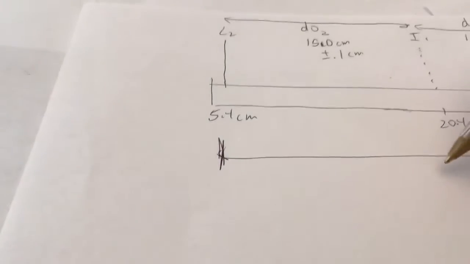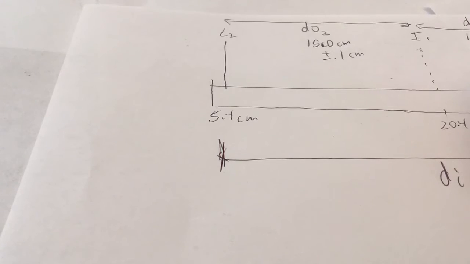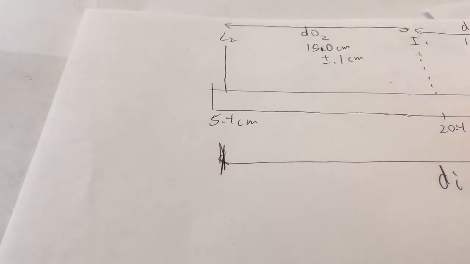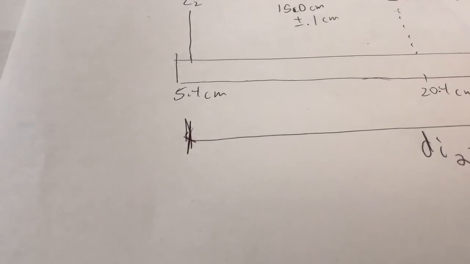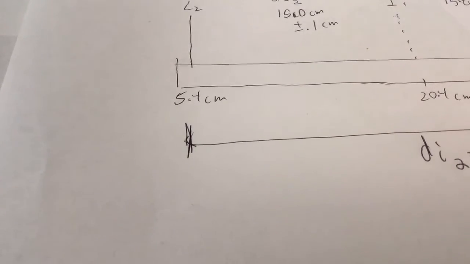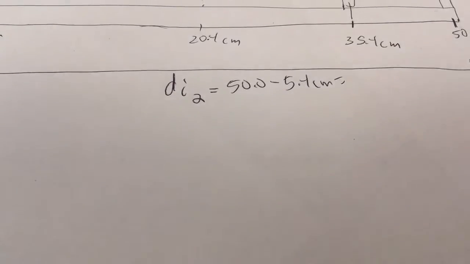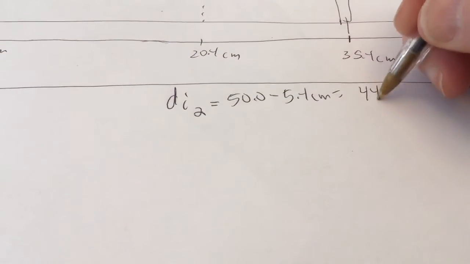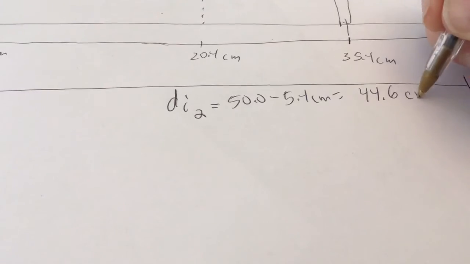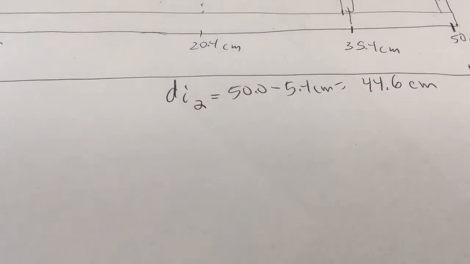And that is DI2, the image distance for lens 2. So that's 50.0 minus 5.4 centimeters. And what does that come out to be? That is 44.6 centimeters, correct?